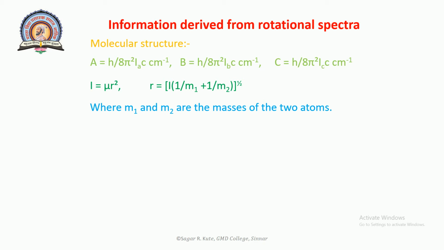At this stage, it is appropriate to distinguish between the hypothetical equilibrium distance Re and the average distance in the ground vibrational state R0. The distance Re corresponds to a hypothetical vibrationless state of the molecule.